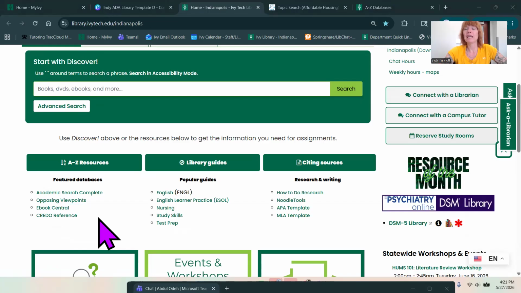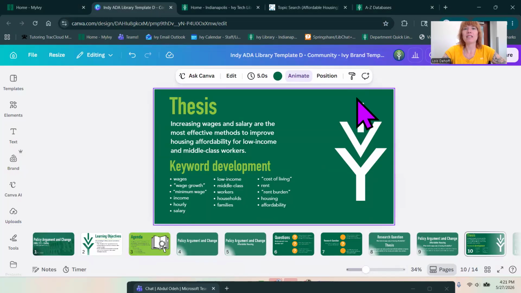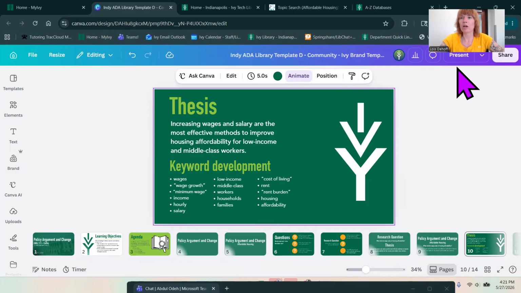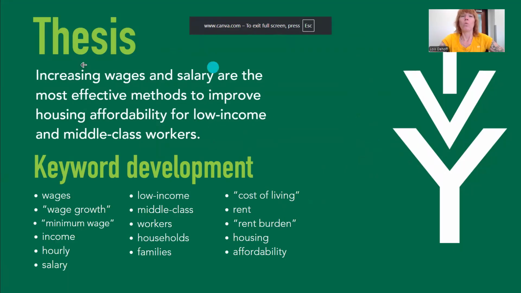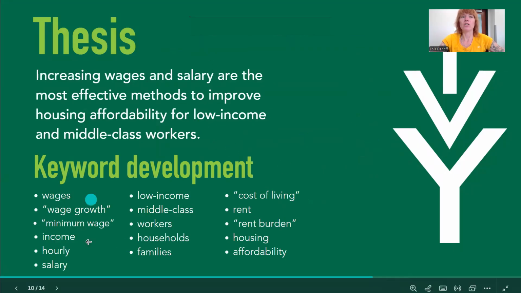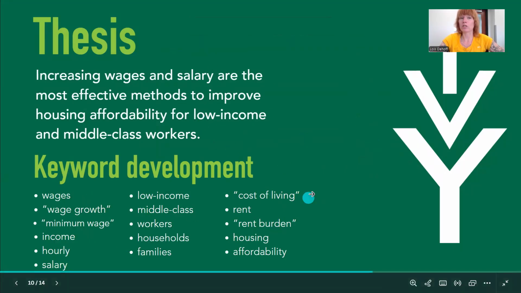However, once you get out of that, a lot of times the research that you do will require typing in letters and words, very similar to Google. So it's very important that once we have determined what our thesis is, we use our thesis to create our keywords.